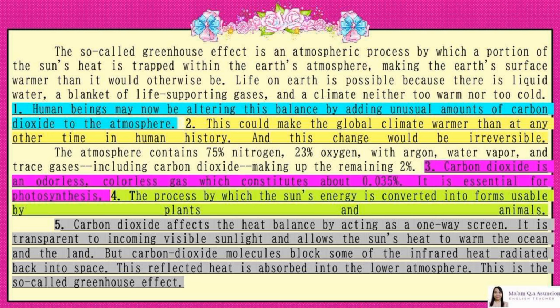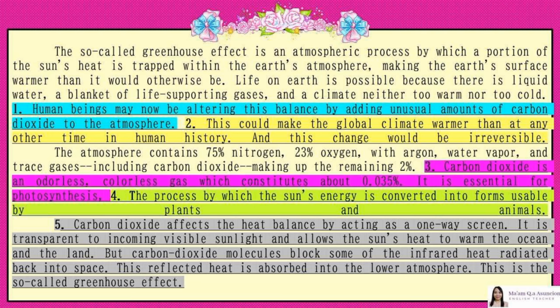Carbon dioxide is an odorless, colorless gas which constitutes about 0.035%. It is essential for photosynthesis. Number 4. The process by which the sun's energy is converted into forms usable by plants and animals.